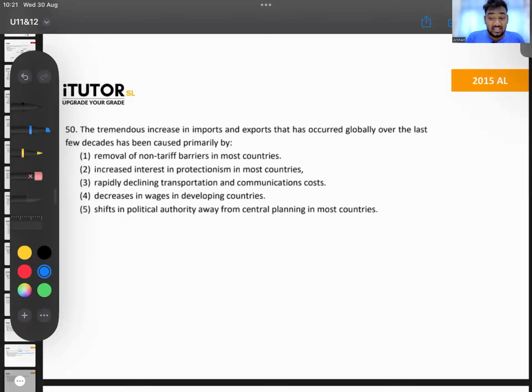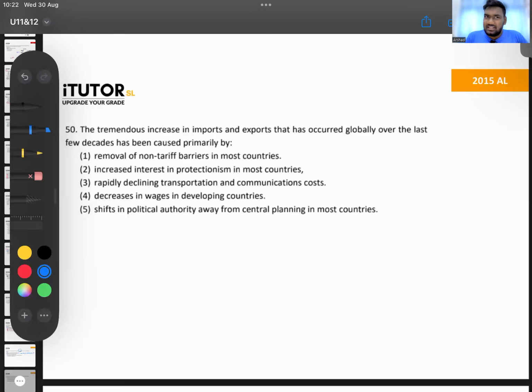What do you think has been the reason for global trade to increase? Like countries importing, exporting, right? What do you think? 1, 2, 3, 4, 5. Which one? I have different answers from different people.